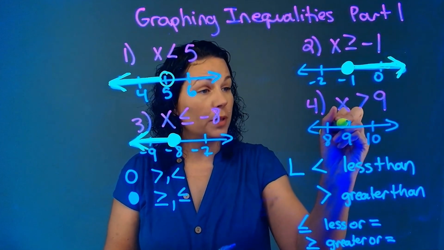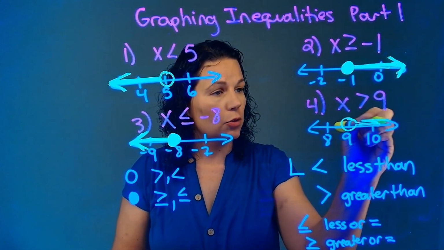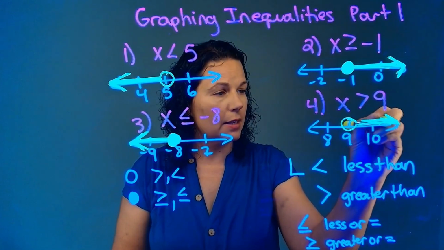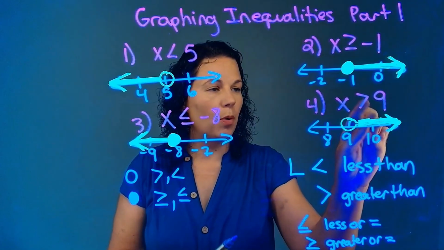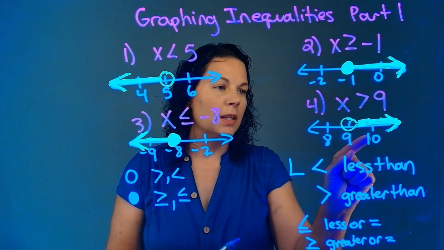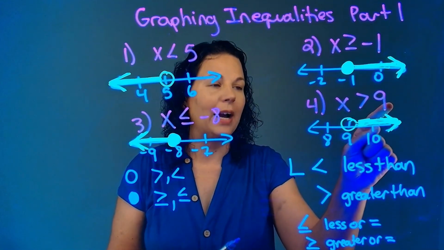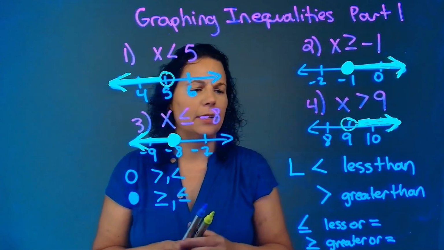This one gets an open circle because there is no equal to. And then we shade greater than. 10 is greater than 9. And then let's check. It points to the right. The variable comes first. So yep, I'm good. Shade to the right. Is 10 greater than 9? Absolutely. Is 8 bigger than 9? No, don't shade the 8.